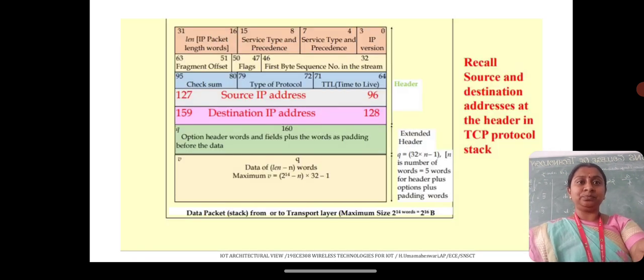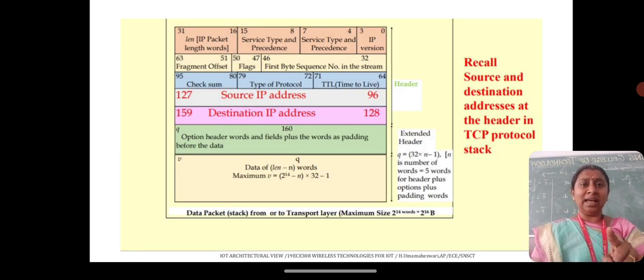This is the IP address format, where bits 0 to 3 hold the IP address version, 4 to 7 hold the service type and precedence, and 8 to 15 are also service type and precedence, the lower order byte and the higher order byte. Then 16 to 31 is the length of the data packet.